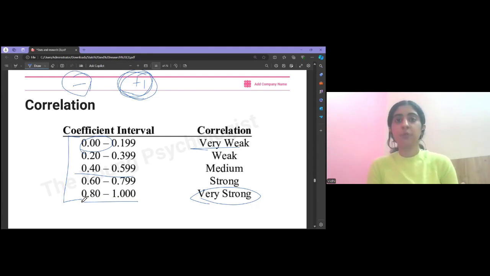As I've told you previously, the closer it is to either of the ones, whether +1 or -1, the stronger it is. So -0.9 would be the correct answer because out of all the correlation coefficients, it is the closest to -1.